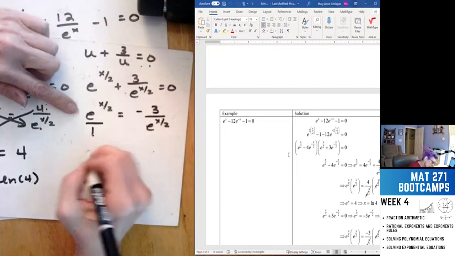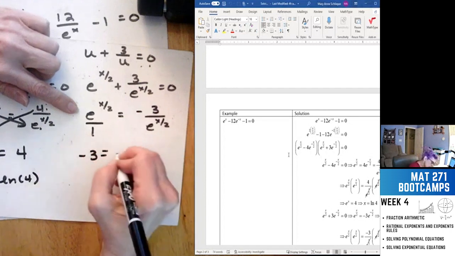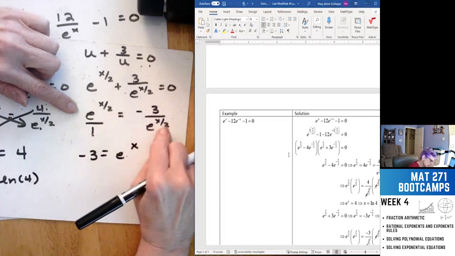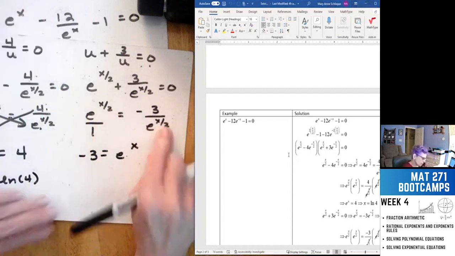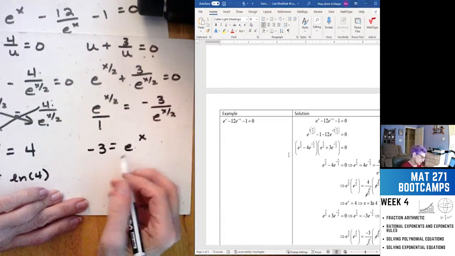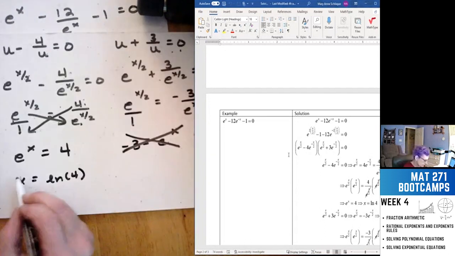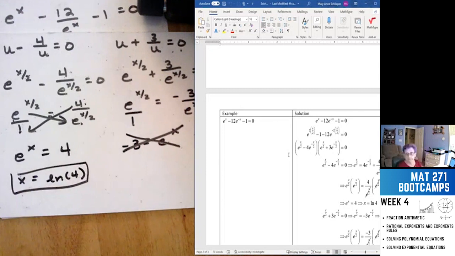Invisible 1 on the bottom. Negative 3 is equal to e to the x over 2 times e to the x over 2. Add the exponents. No solution. So we get one good answer.